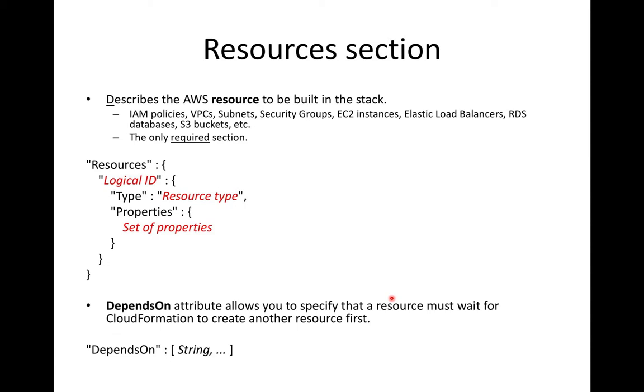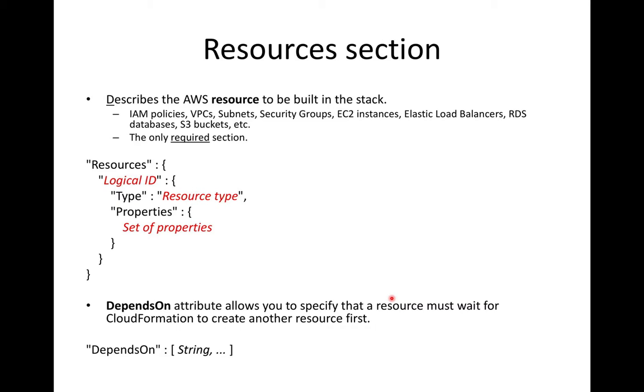Okay, the resources section of the document is probably the most important part of the document. The resources section describes all of the different AWS resources that we want the stack to build for us. Everything from VPCs to subnets, security groups, IAM policies, EC2 instances, RDS instances.